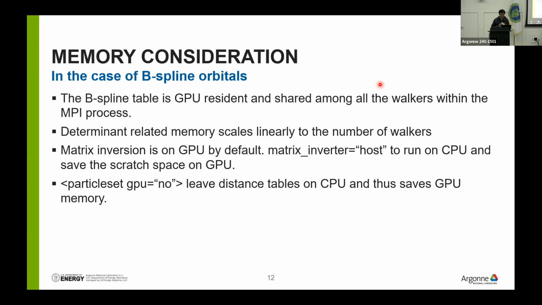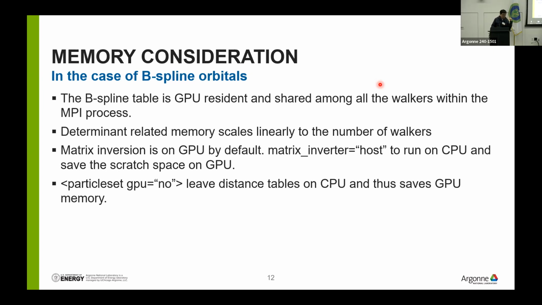Even with LCAO, where you don't have such a big memory structure as a B-spline table, we still have molecular orbital coefficients shared across all the workers, and you may want to use a GPU linear algebra library call. To be efficient, it needs to be on the GPU. It's also resident, but it doesn't need to be replicated per worker. So the goal is to minimize the usage of GPU memory without compromising performance, basically.